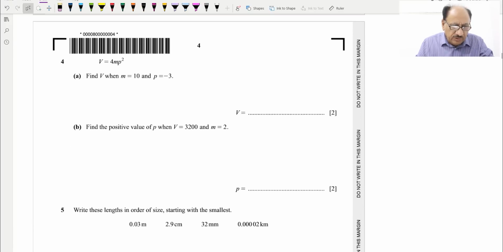Question number 4, it's a substitution of values. So v is equal to 4mp squared, and find v when m is 10 and p is minus 3. We will be replacing these values.